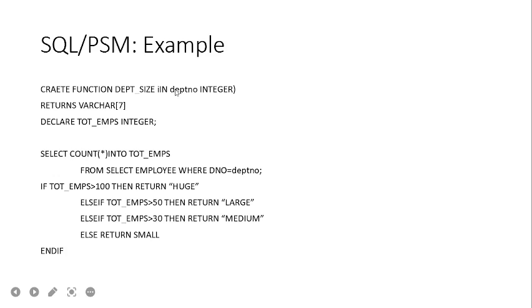There is an in parameter, an integer parameter, that is the department number, which gives the department number. Then a local variable, number of employees, is declared here.